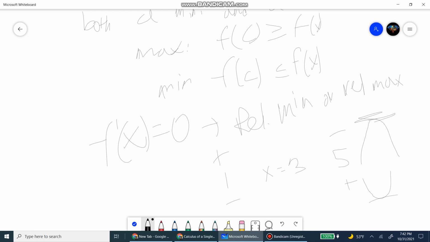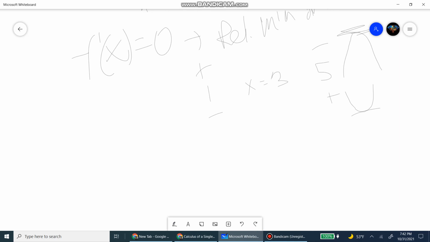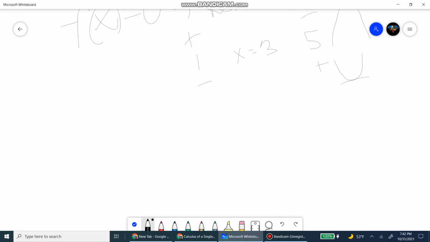And that's basically what a critical number is. It's defined as the derivative equaling 0, or f is not differentiable. So let f be defined at c.